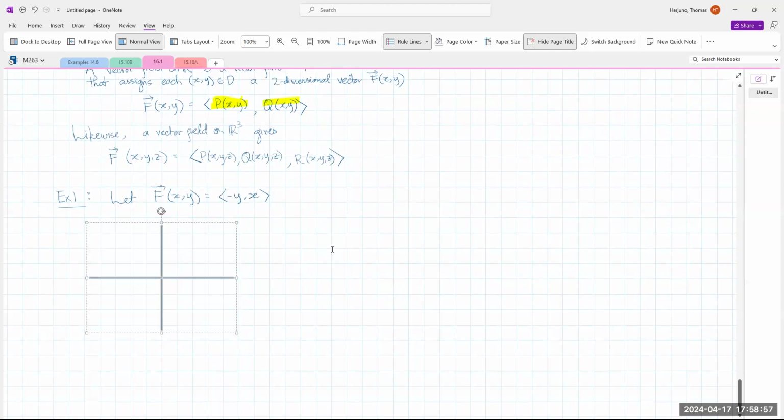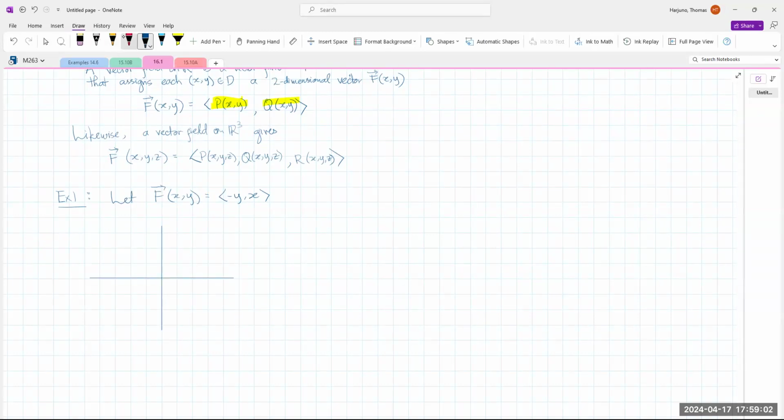Okay, so for example, when I look at coordinate (1, 0), at (1, 0) the vector will be (negative 0, 1). So at (1, 0), the corresponding vector there is (0, 1).